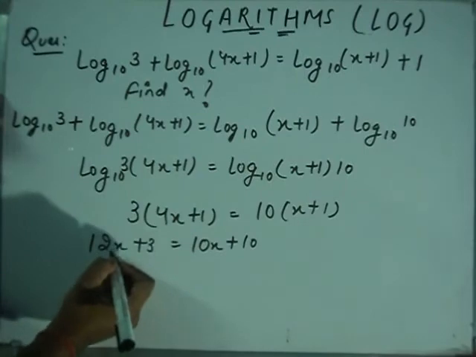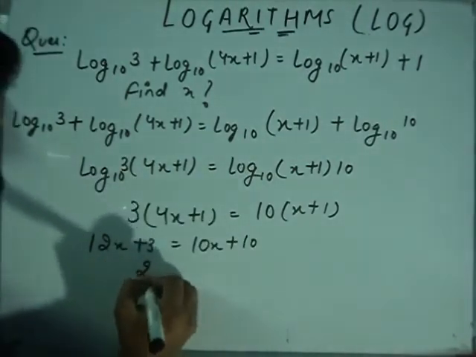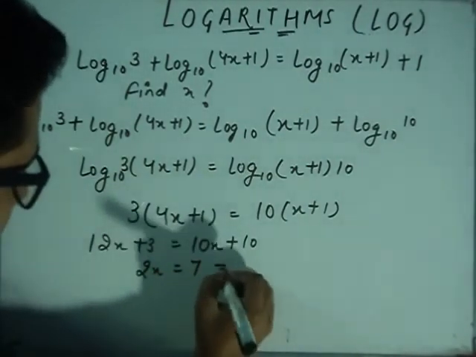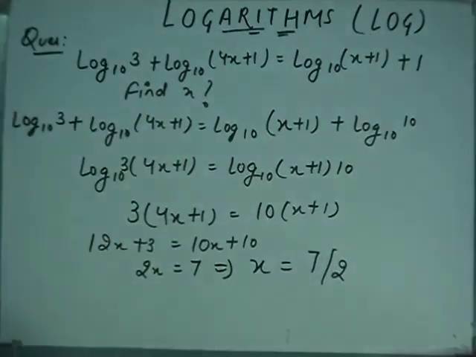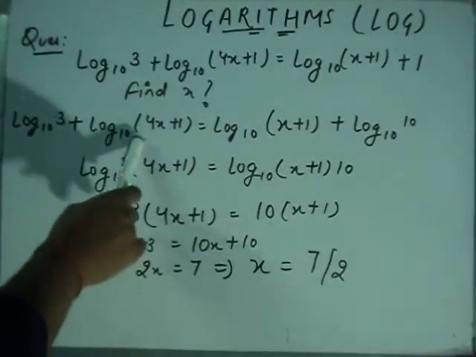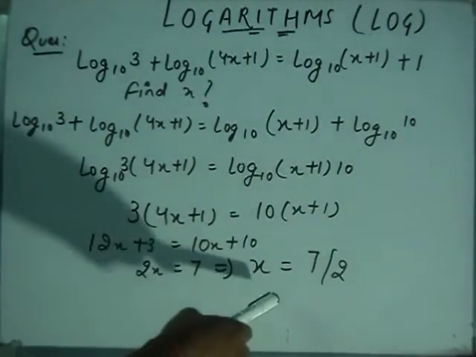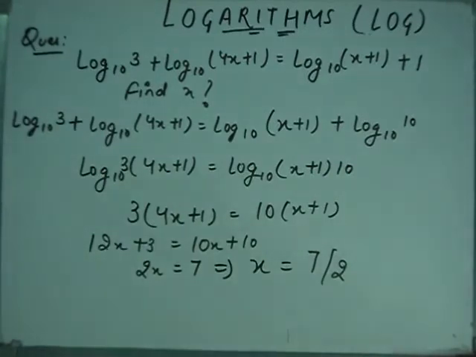So here, this and this, we will get 2x is equal to 7 and x as 7 by 2. 7 by 2 is my final answer. In this we discussed the multiply property, and it is a kind of property that you can use in various questions.